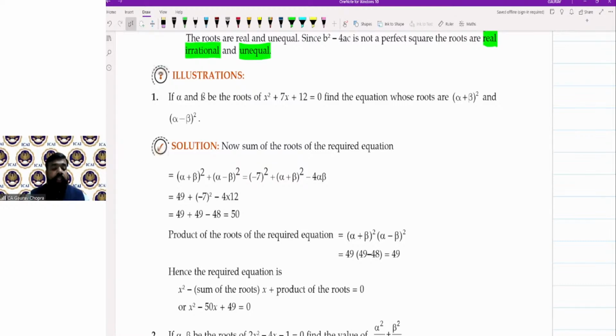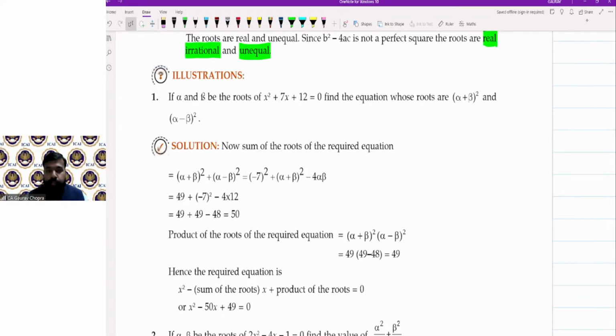Now, illustration number one. These are some of the important questions which usually come in exams. And here, some identities will be used, which you might have studied in class 9 and 10. All those identities will be required, like a plus b whole square, a minus b whole square, a plus b whole cube, a minus b whole cube.